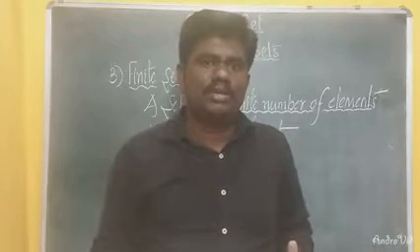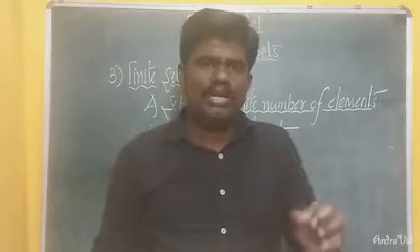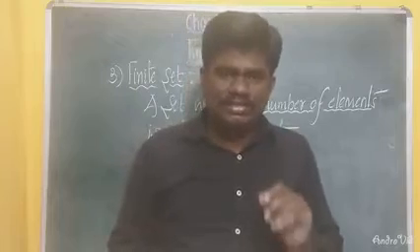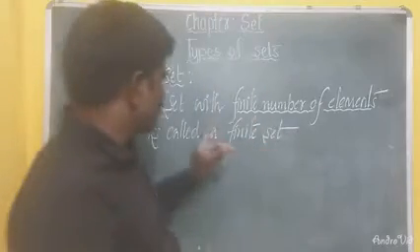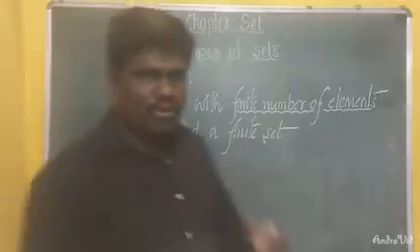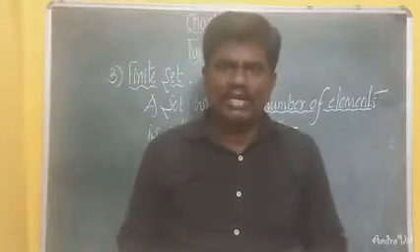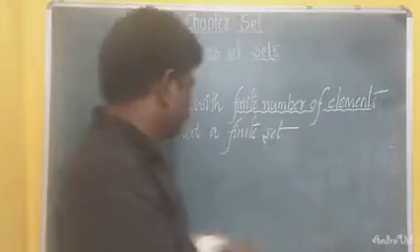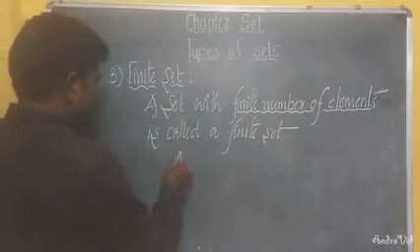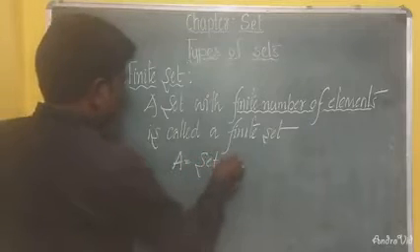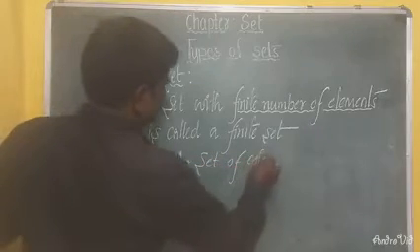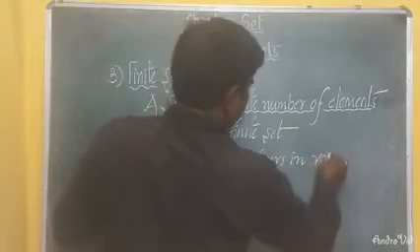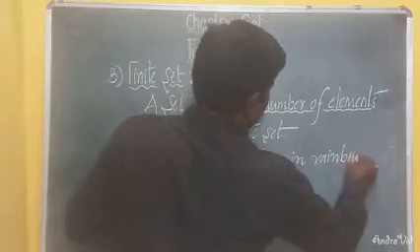If we know how many elements are there in that set, then that set is called a finite set. Say for example, A is equal to the set of colors in a rainbow.